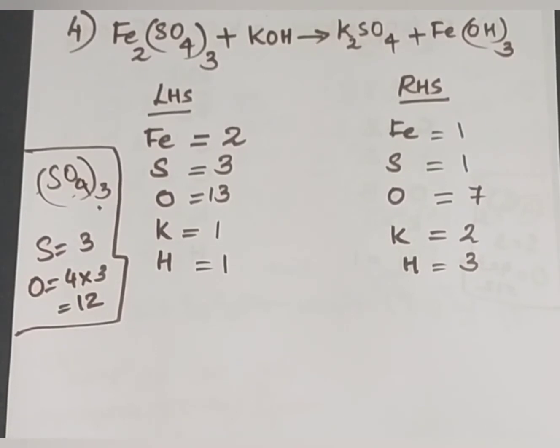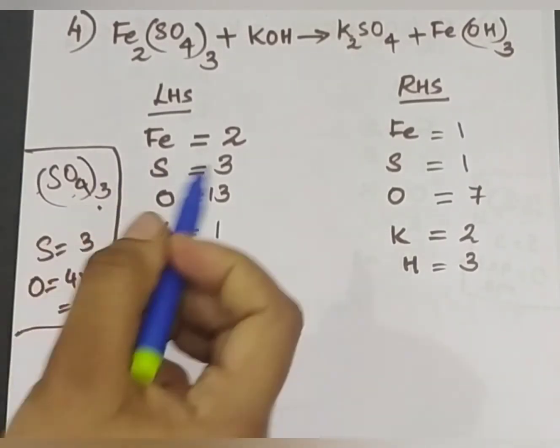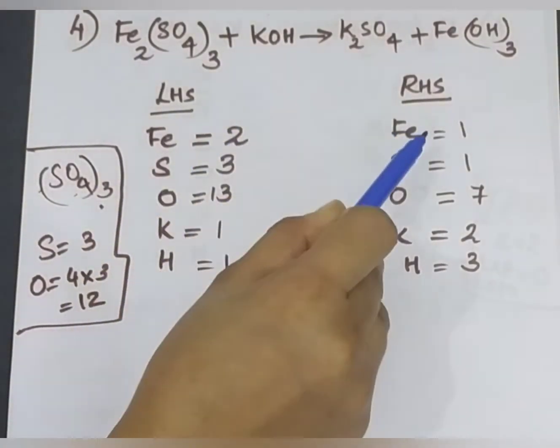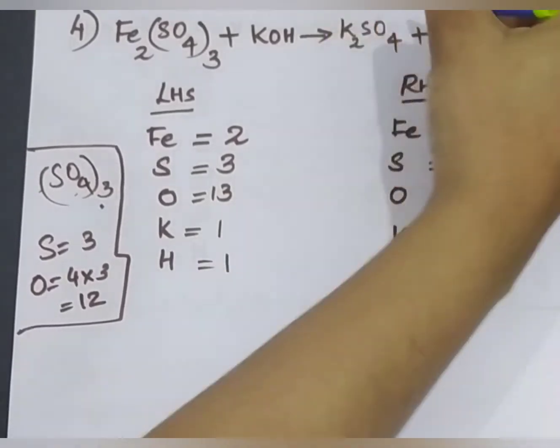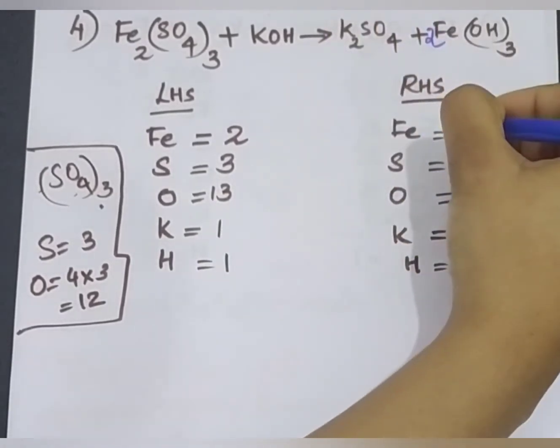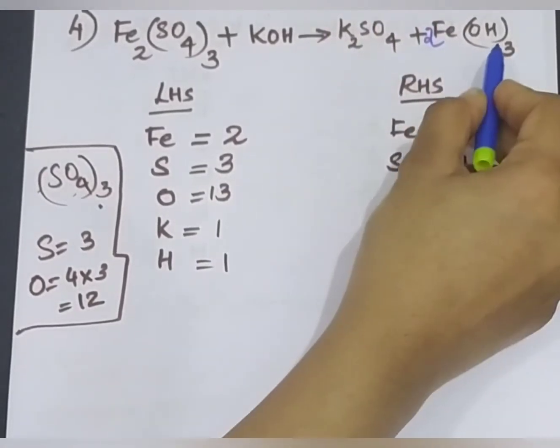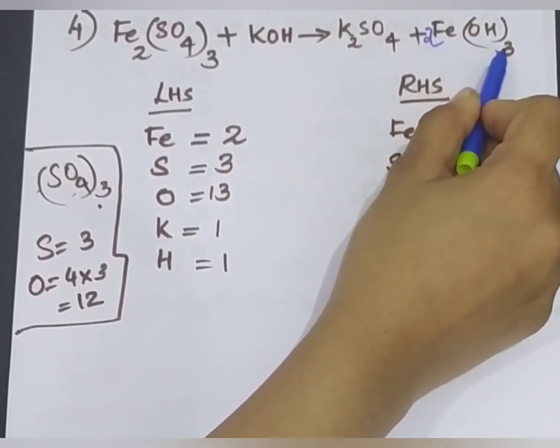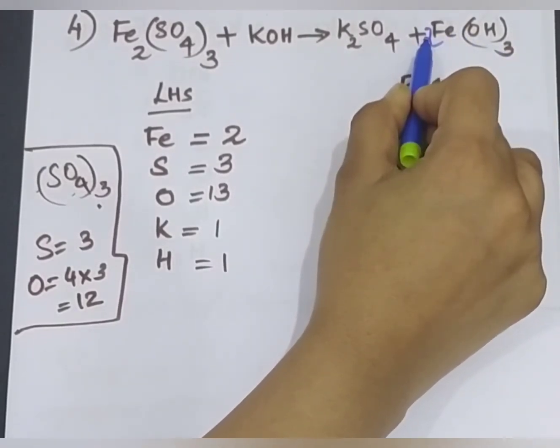Now we need to balance it. First of all, iron is 2 in LHS and in RHS it's 1. So we can put 2 for Fe(OH)3 in the RHS. So we cancel and write 2. So everything will be changed there. Oxygen is 3 into 2.